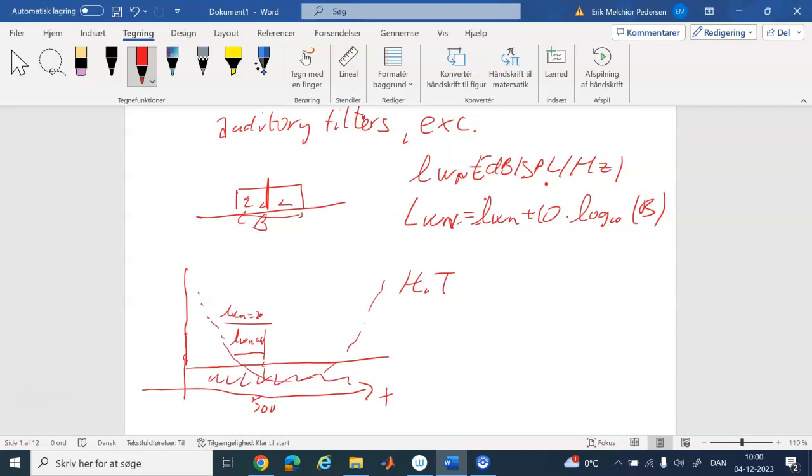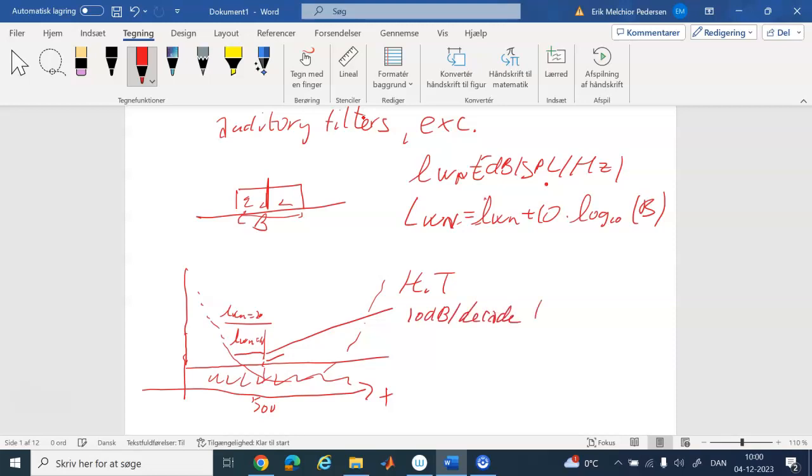After that, for frequencies more than 500 hertz, the masking threshold is increasing 10 dB per decade.